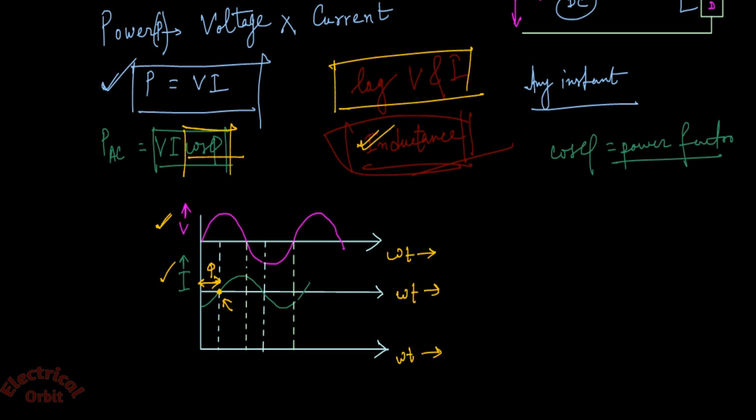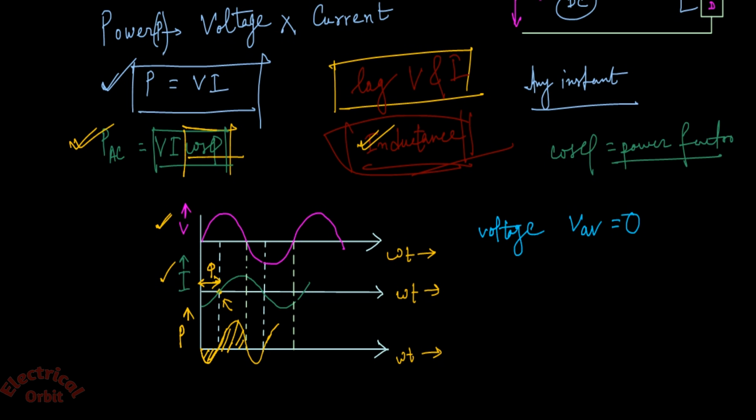So for single phase power, when there is a voltage and a current, AC power is equal to VI cos phi. If we try to draw the output power, it will look like this. This is the power waveform. One thing we need to understand is that the average voltage is equal to 0. Why?